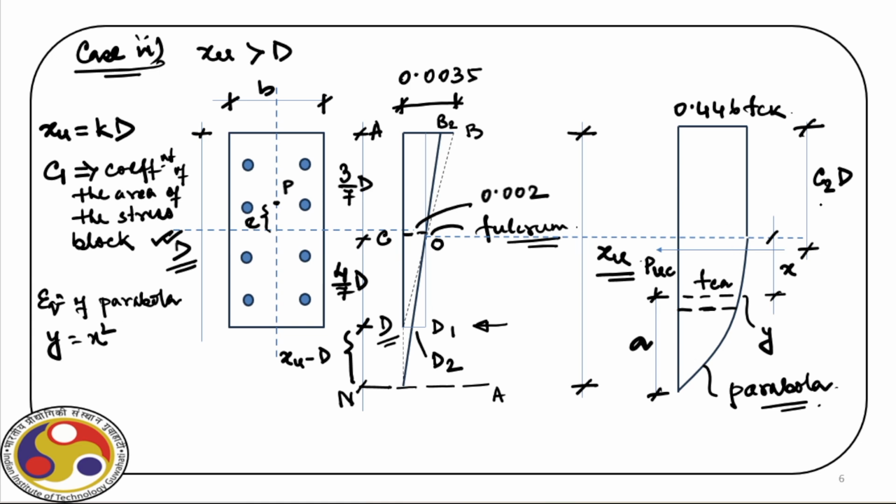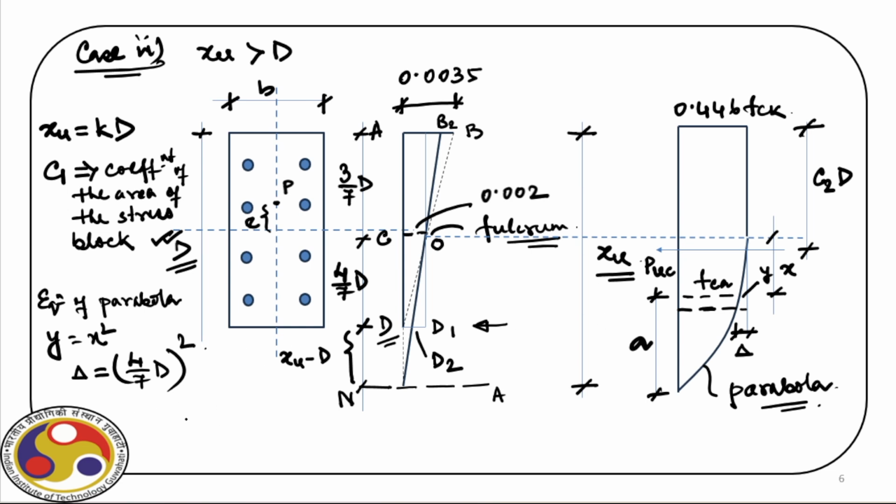So then let us complete this diagram. So this is y, and this part, say this is delta. So delta, you can show that this is nothing but 4/7 d square, that is the x, right?